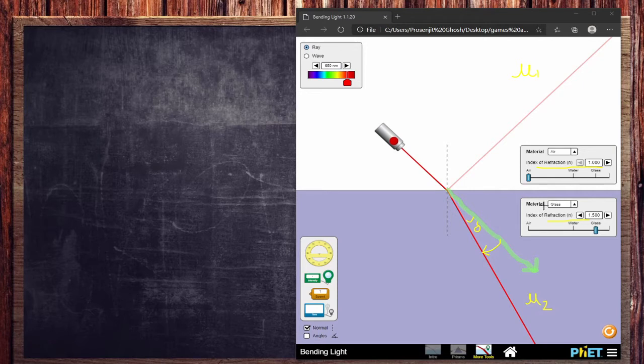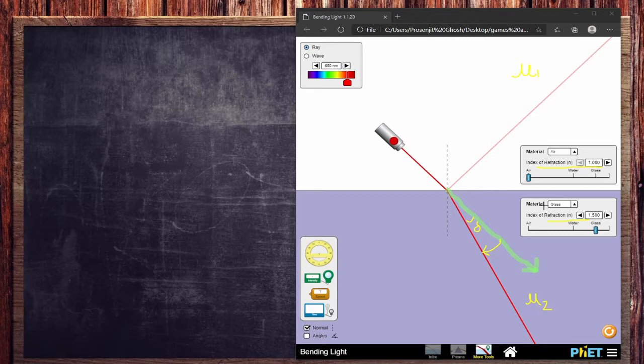So what should be the definition of deviation angle? Due to refraction in the medium, the refracted light moves away from the original path, or you can write deviated from the original path, and that phenomenon of refraction is known as deviation of light.